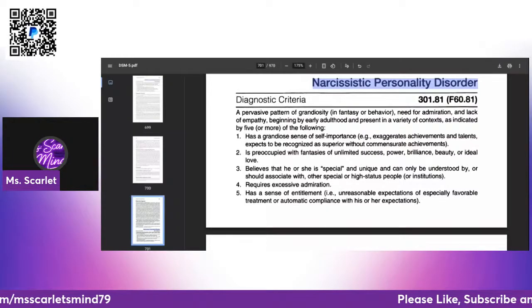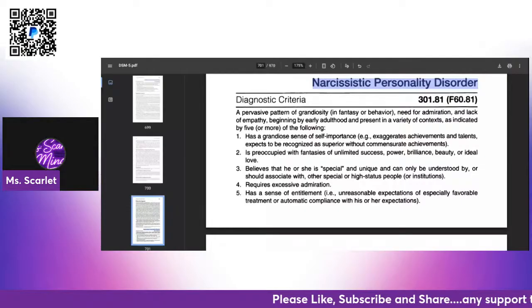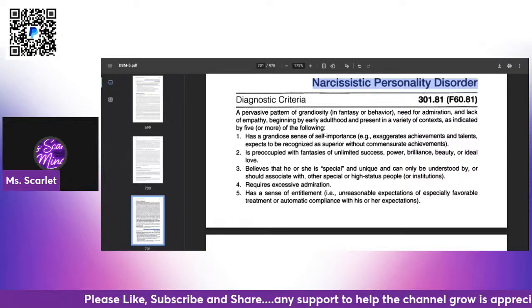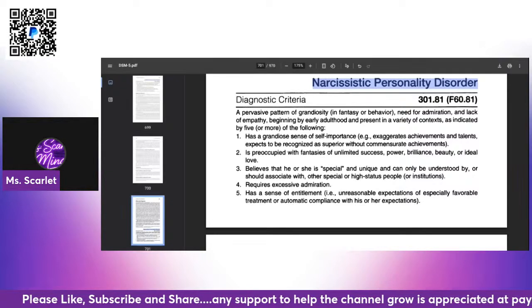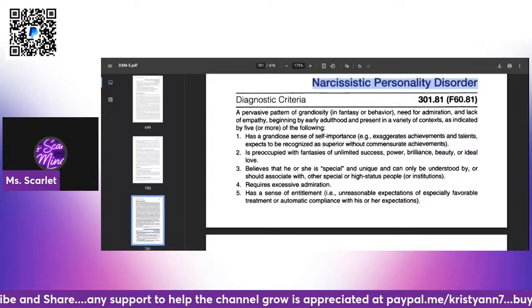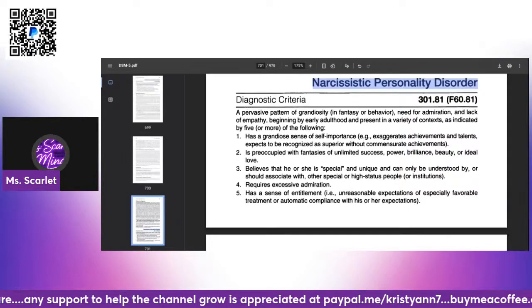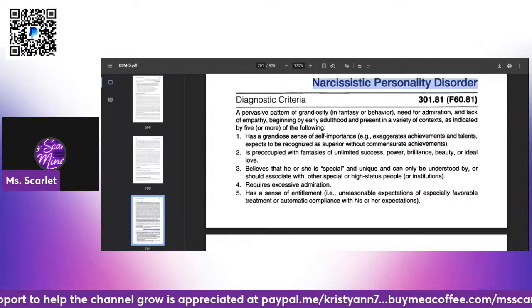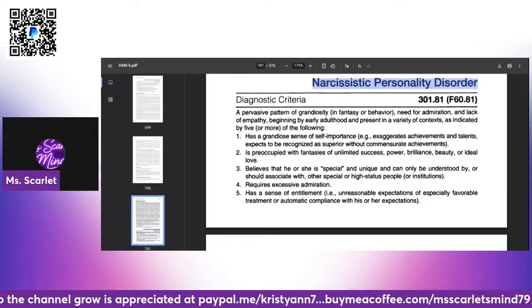So when you have a diagnosis code, like when you go to the doctors, even the regular doctor, you'll see numbers like whatever, and then it'll be a point something like this. So it says diagnostic criteria, and then there's a number 301.81. That's where they always code it, like medical coding for diagnostic purposes, especially for insurance.